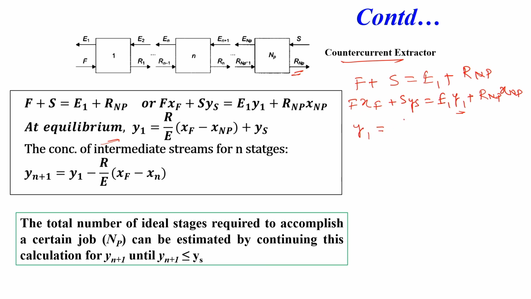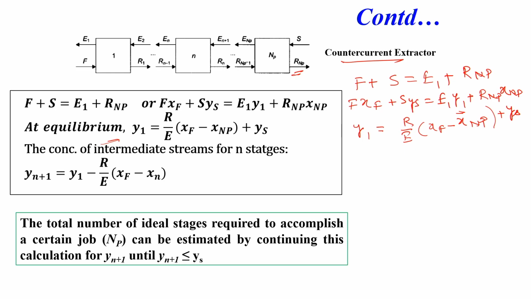Now, at equilibrium, what we will see is you can just rearrange, and Y1 will come out to be R upon E times XF minus XNP, plus YS.